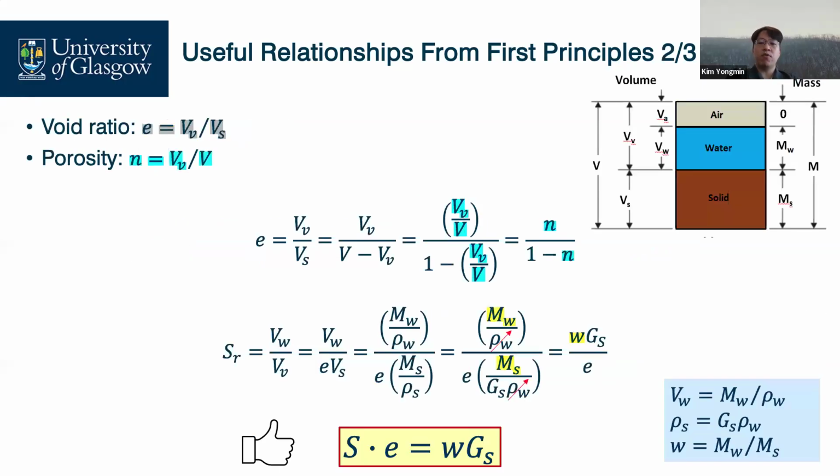Then we also have interesting relationships. The void ratio and porosity can be defined by these equations, right? Vv over Vs, and Vv over total V. From the relationship between these two, we can convert from void ratio to porosity.